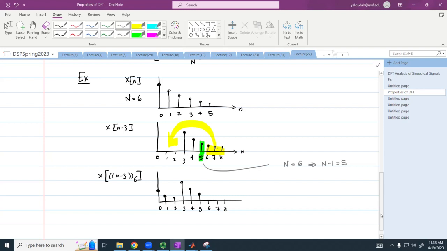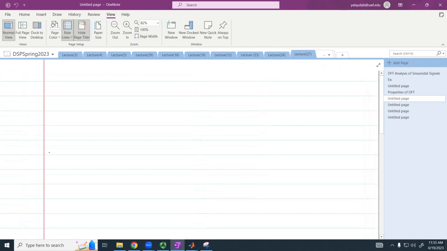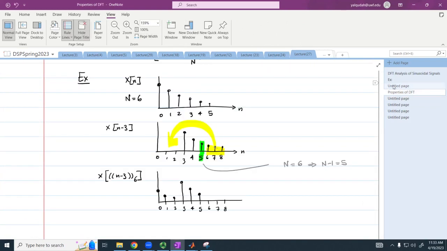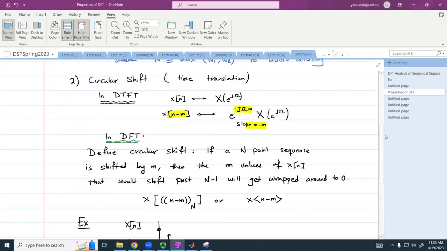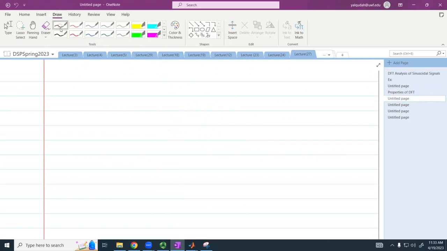Okay, so with that circular shift, we can define the property that corresponds to the property of the shift in the discrete time Fourier transform. In the discrete Fourier transform, the circular shift property says the following.